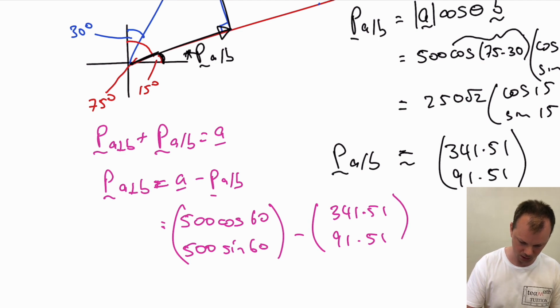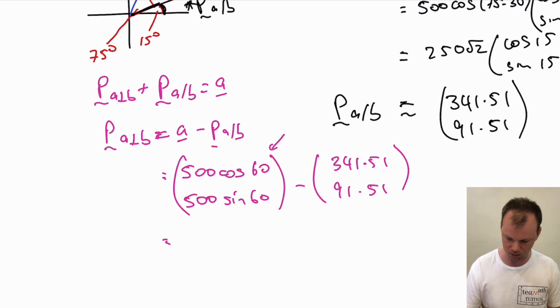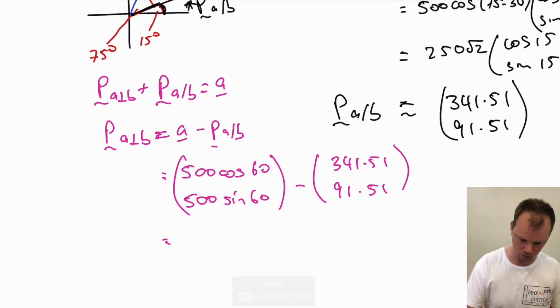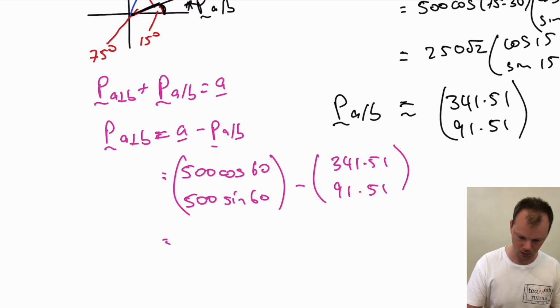Pop that into our calculators. This over here is going to be exact values, but we don't need to worry about it because this is already an approximate value. So we end up with negative 91.51 and 341.50.